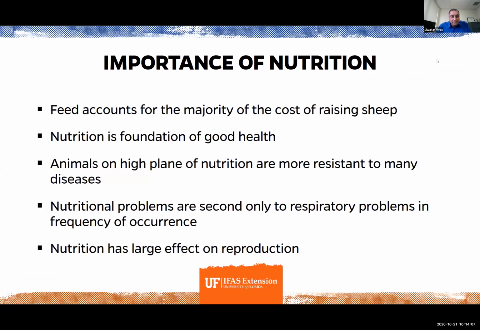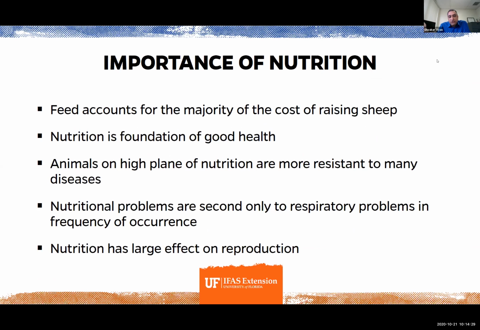Okay, so getting started with this presentation, whenever we think about any topic, the very first thing that comes to our mind is why are we interested in this topic? So in the case of nutrition, the first question that comes to our mind is why nutrition is important. It doesn't matter which livestock species we are working with.